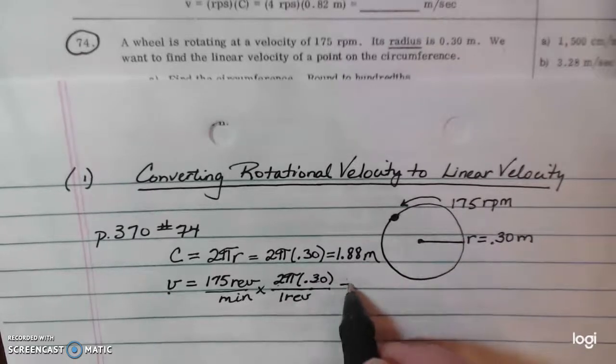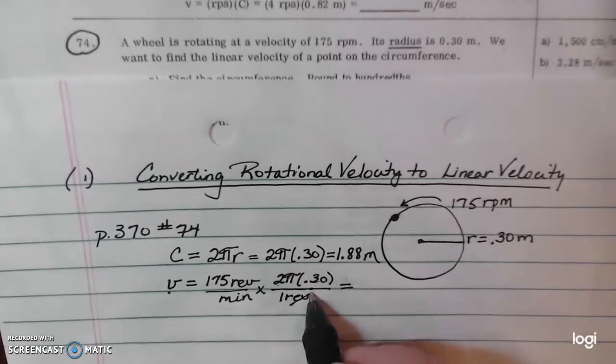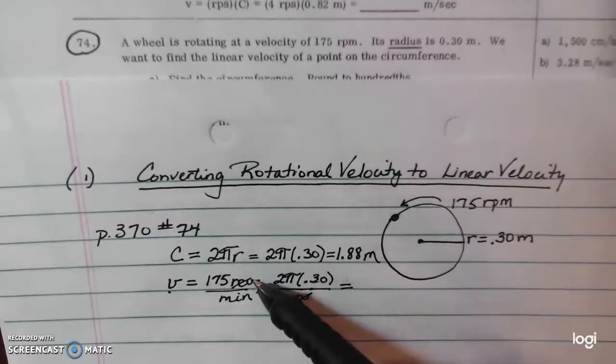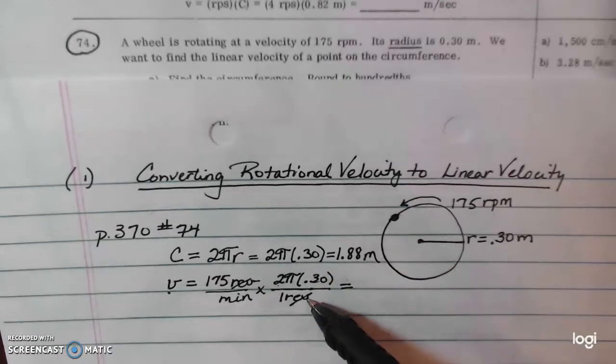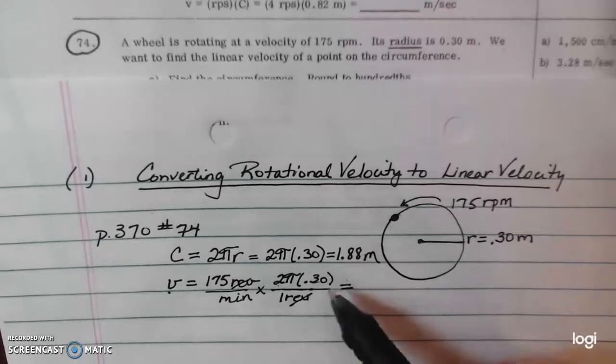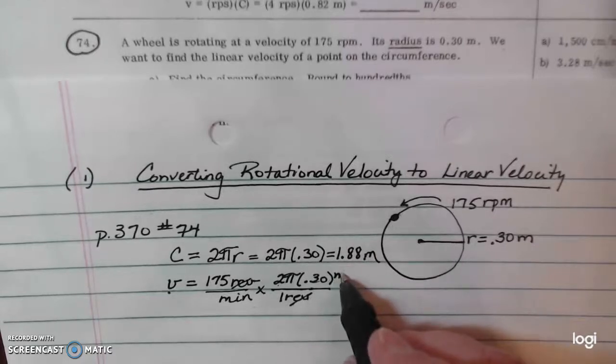Let's do a units check. Our revs cancel. You always want to have 1 unit in the numerator and another unit in the denominator. And then we're going to find our linear velocity as a function of time. And this unit up here, which I failed to write, was in meters.